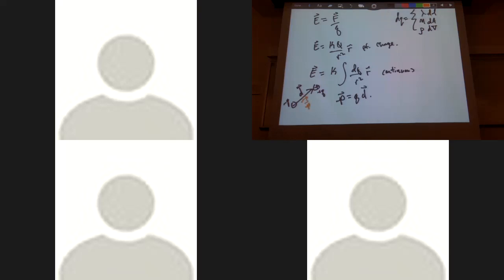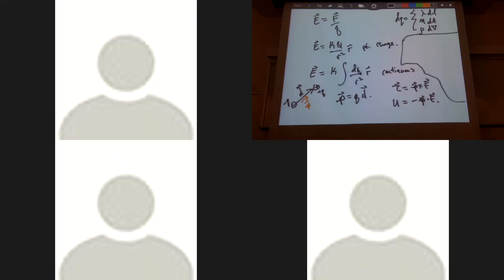This is P, my dipole moment. From here, we stuck this guy into an external electric field, and here we saw that this has a torque on it, which is given as the dipole moment crossed with the electric field, and has potential energy, which is equal to minus the dipole moment dotted with the electric field.